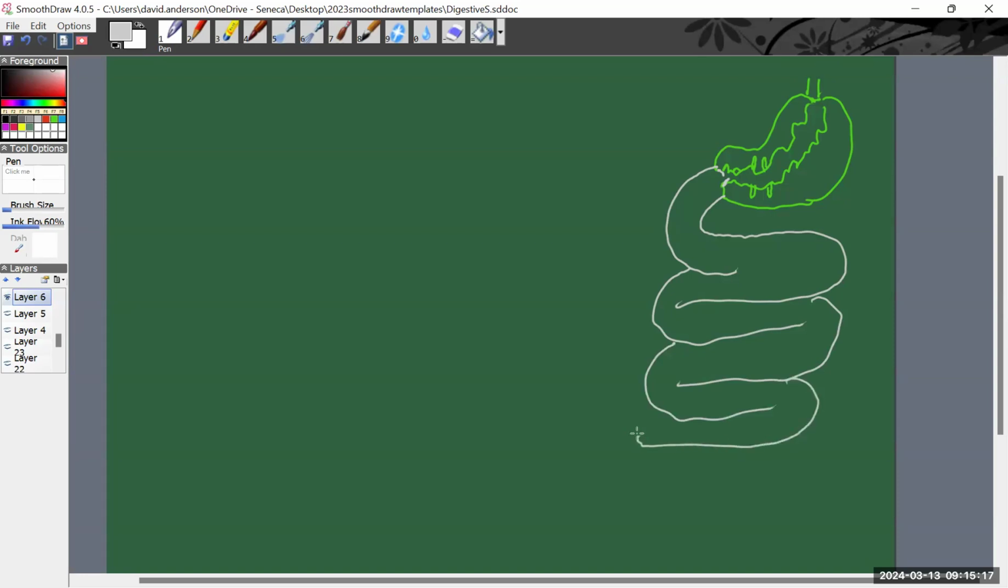And the small intestine is only small in diameter. That's why it's designated as a small intestine. By length, it's really big. So when we're looking at the small intestine, we're going to see some changes here as well.